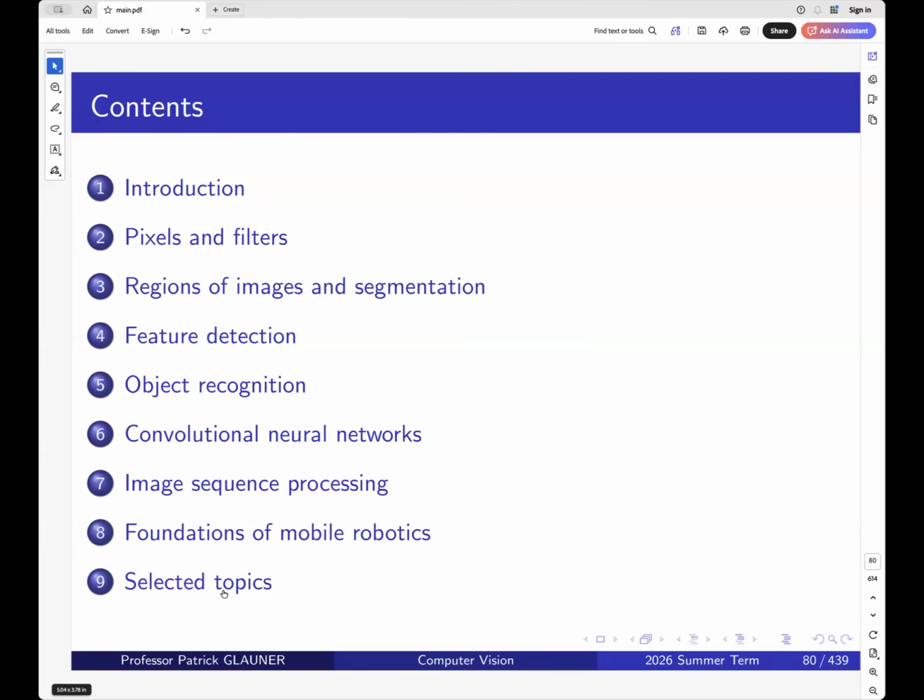So we'll come back to low-level vision in the coming weeks, but next week we continue with mid-level vision, especially looking into regions of images, segmentation, and some more advanced features. Some of them probably fall into low-level vision as well. But step by step, we are advancing and getting more towards high-level vision. So in a few weeks, we can actually start to recognize objects.